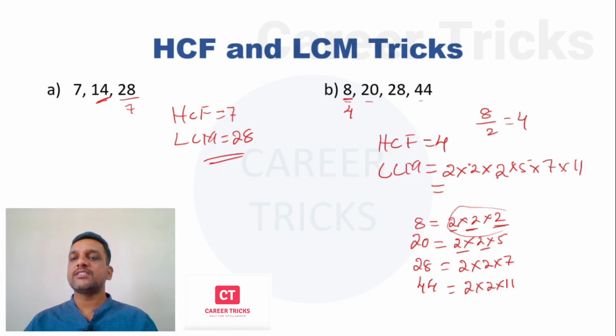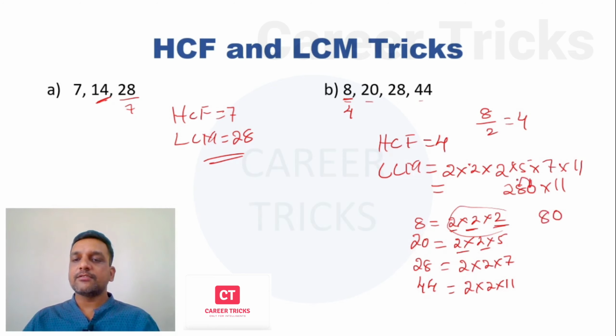What is the multiplication of these numbers? 2 into 2 is 4, 4 2's are 8, 8 5's are 40, 7 4's are 28, so 280 into 11. You know very well the multiplication of 11. We take the unit digit as the unit digit. After that, we add these two: 8 plus 0 is 8.